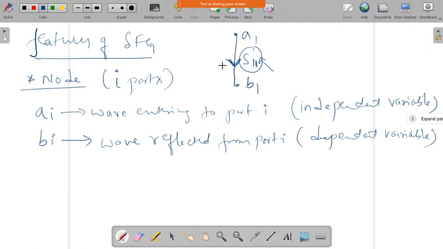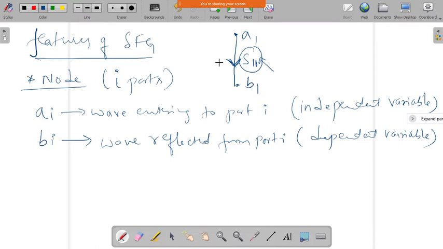Now if you want to reduce the signal flow graph for a particular quantity, to find out either the input reflection coefficient or the output reflection coefficient, we have different methods or steps to follow.